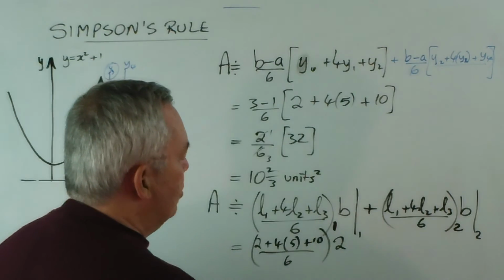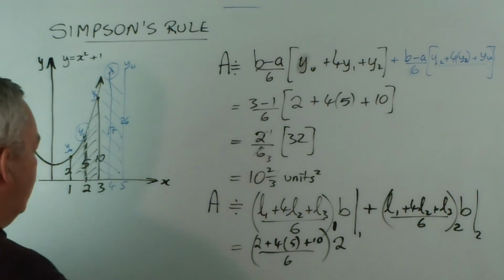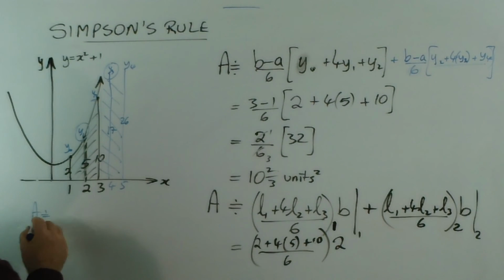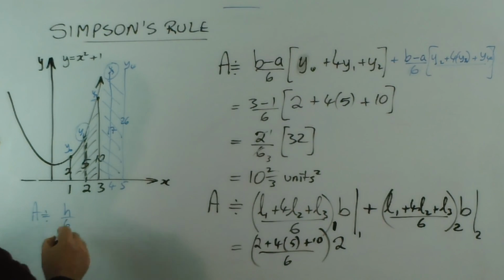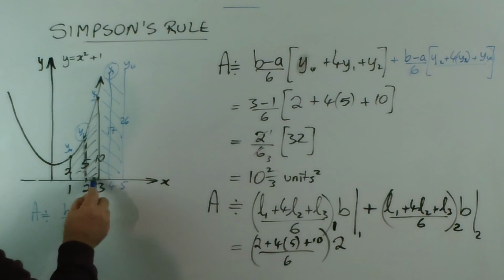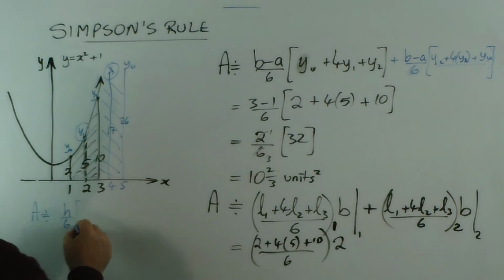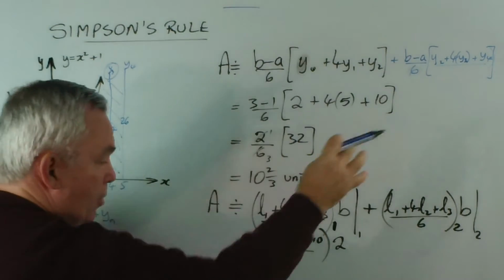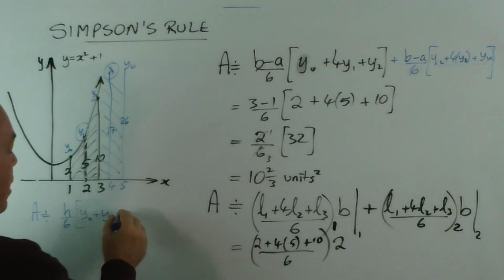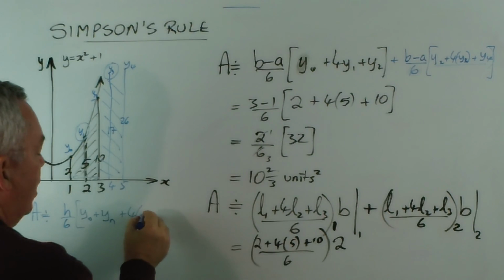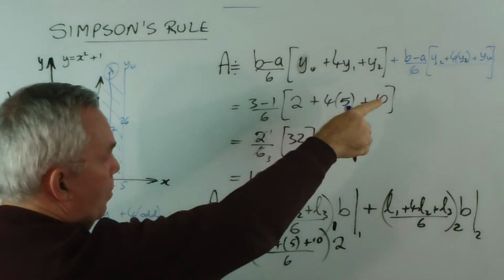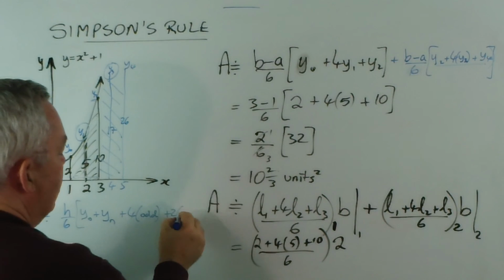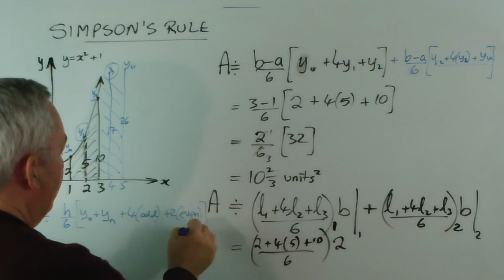So Simpson's Rule, when it's written out in full using y notation, would be that the area is approximately height on 6, I'll use the word height for this width of the double strip, times y0 plus yn for the last y value if you've got a great number of them, and then 4 times the odd ones, the y1, the y3 and so on, and 2 times the even function values.